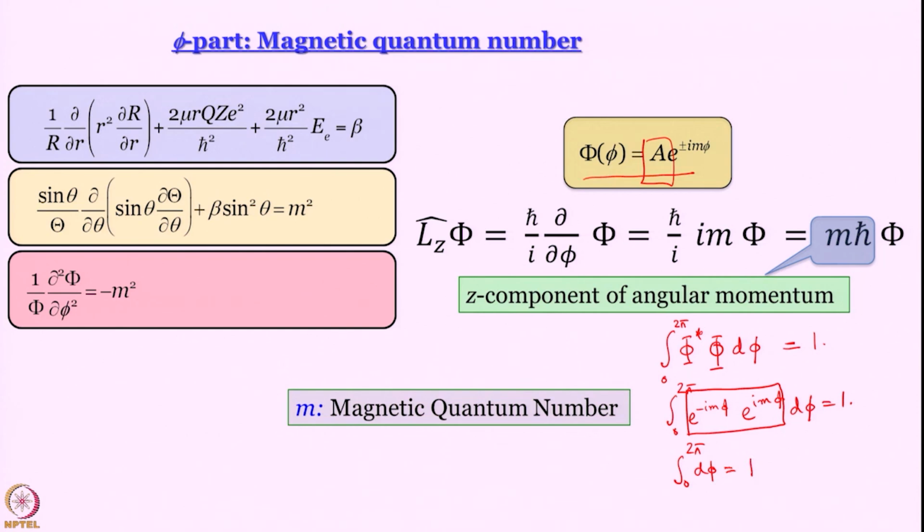But did I miss something? Yes, I missed a. Remember, this one has a, this one also has a. So, I should actually write mod square of a, integral 0 to 2 pi d phi is equal to 1. So, what is a then? a has to be square root of 1 by 2 pi, and it can be plus, it can be minus.